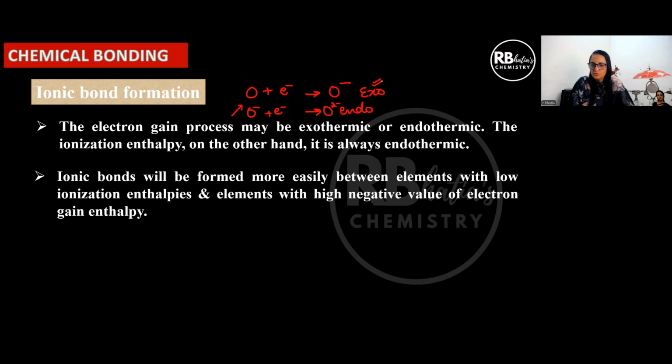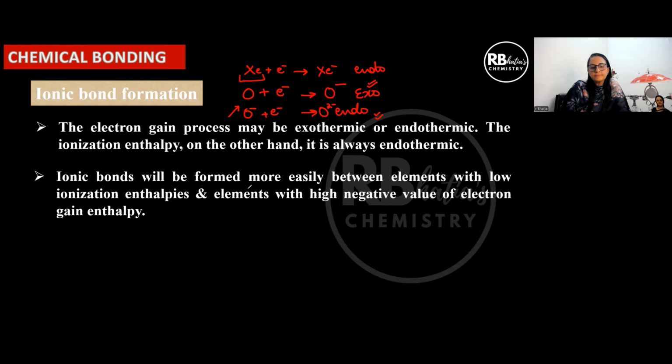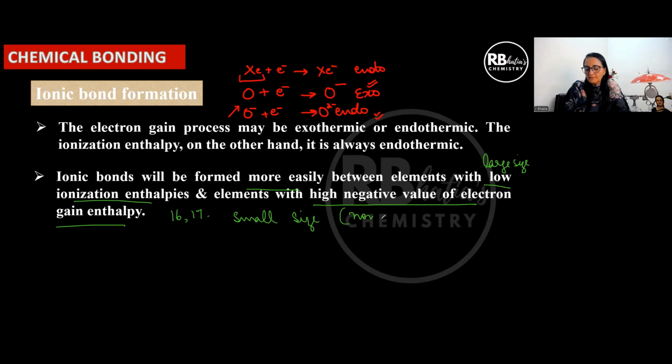First gain enthalpy is usually exothermic, second and higher ones are endothermic, and also if an electron is added to a noble gas, that is also endothermic. Ionic bonds form more easily between elements with low ionization enthalpies, that means large sized elements, generally group 1 and group 2, and elements with high negative electron gain enthalpy, generally groups 16 and 17, that is small size. These are non-metals, and those ones are metals.